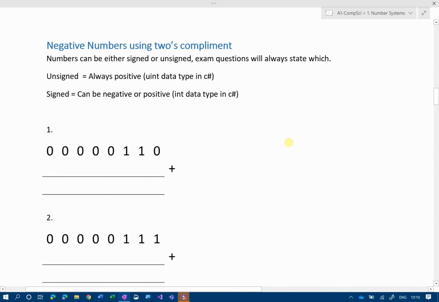Now, so far, we've only dealt with positive numbers. Okay. Now, when you declare a variable in C#, you've got options, and if you declare something as an int, that's what's called a signed number. It can basically be positive or negative.